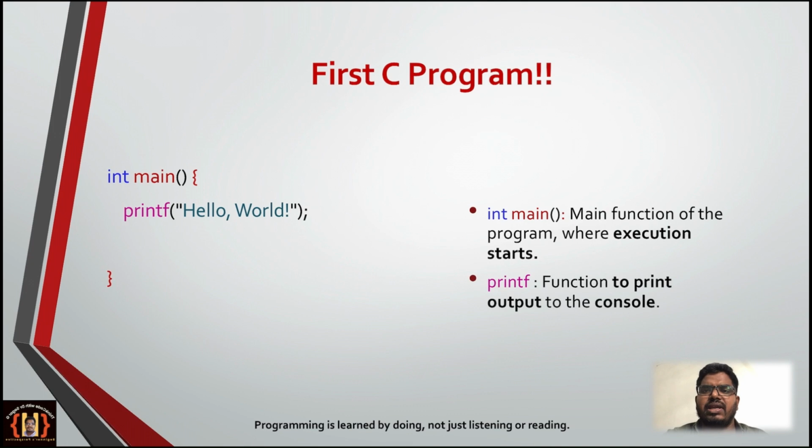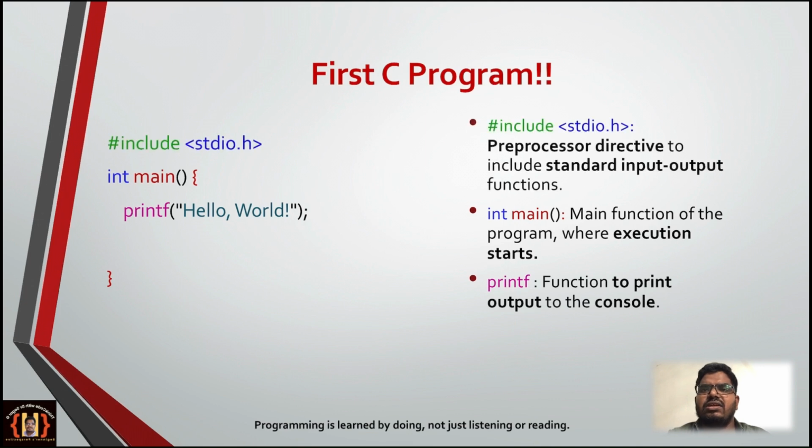Now I am trying to understand what the things inside a program are, right? So next, there is a preprocessor directive, we call it preprocessor directive hash include stdio.h.